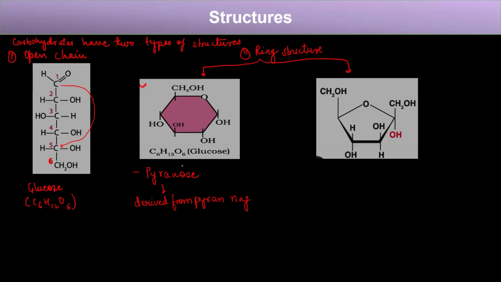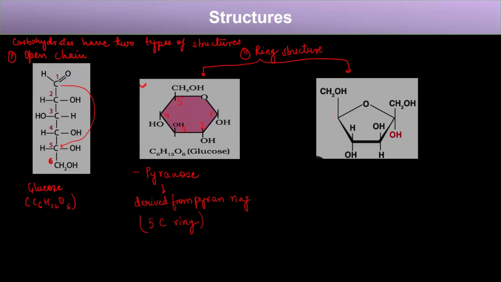Now, how many carbon molecules are present in the ring? We can see we have 1, 2, 3, 4, and 5. So the pyran ring is a 5 carbon ring. So this is one type of ring structure.